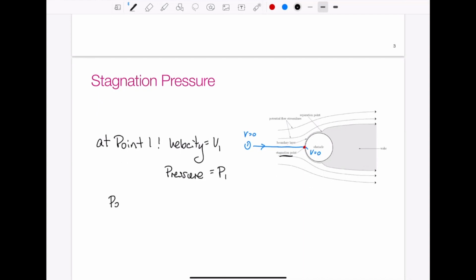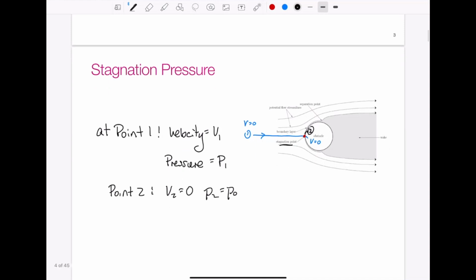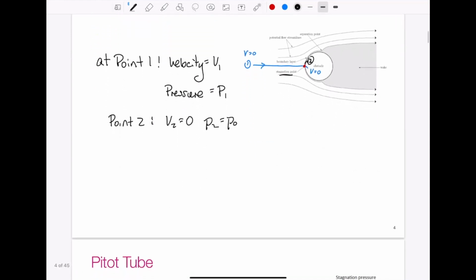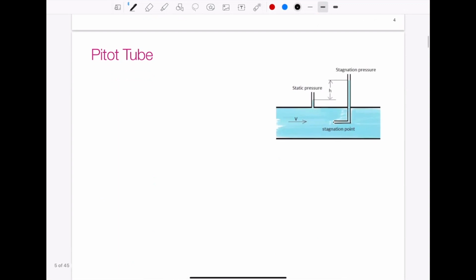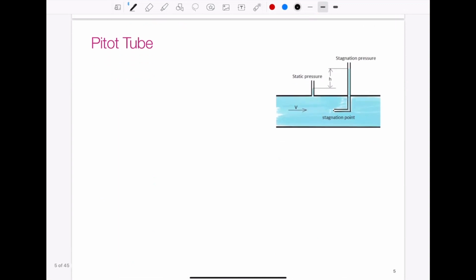And at point 2, let's call this point 2, we have v2 equal to 0, and p2 equal to p0. Now instead of thinking of this as a ball or some other object, which might not be too useful to us, let's imagine this is a pitot tube. So what is a pitot tube? A pitot tube is essentially a tube that is open, facing the incoming flow.